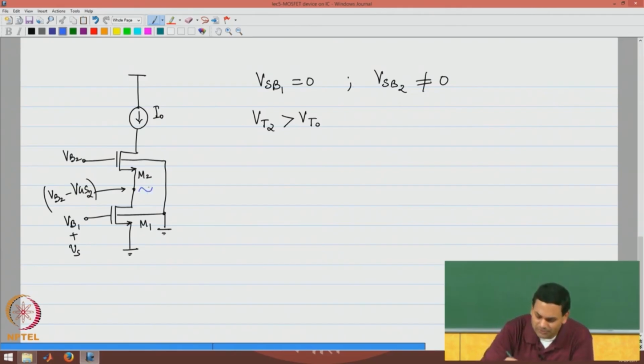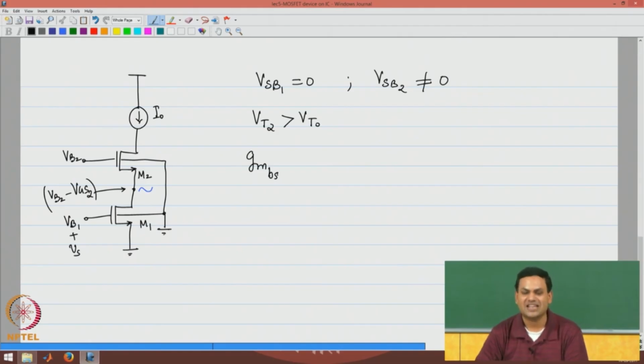For example, the source of M2 will experience a signal swing. We need to quantify the effect of this. Clearly, there will be a signal aspect to this.